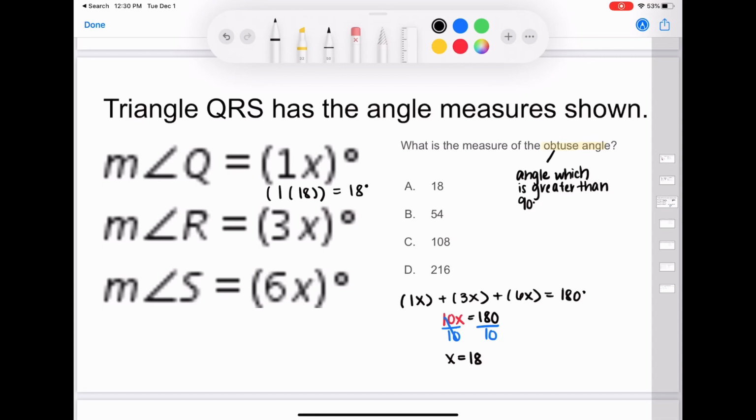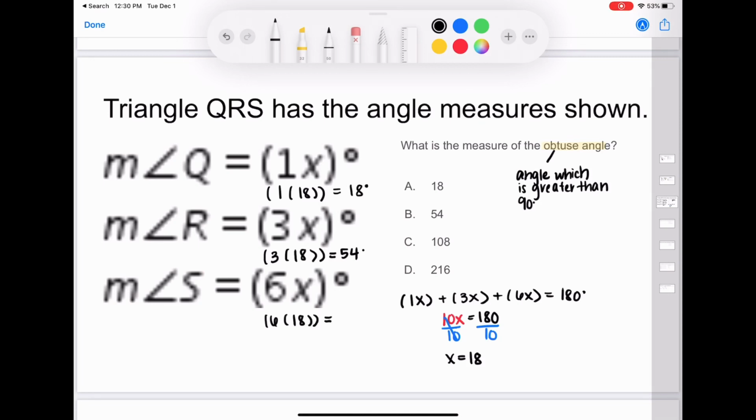Now we have 3 times 18. I'll put that into my calculator. 3 times 18 will give us 54 degrees. So we also don't have an obtuse angle just yet. How about 6 times 18?